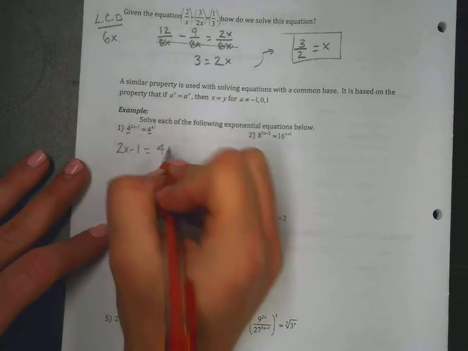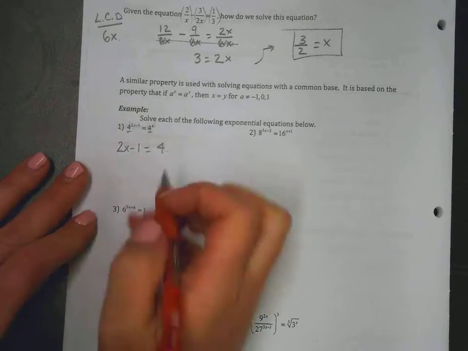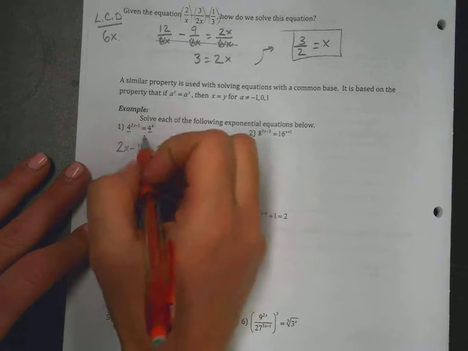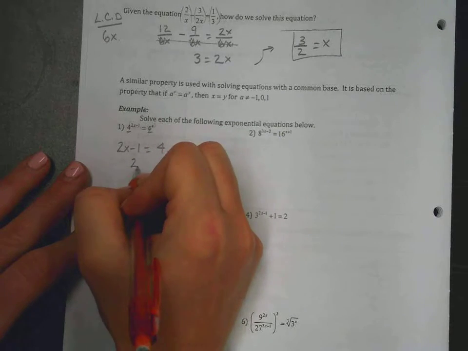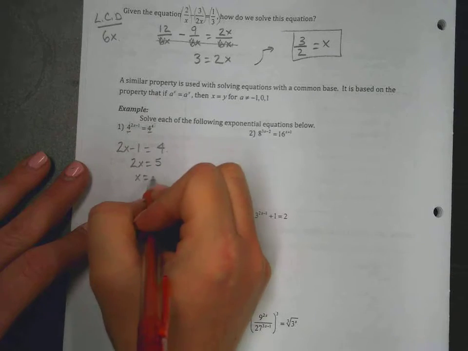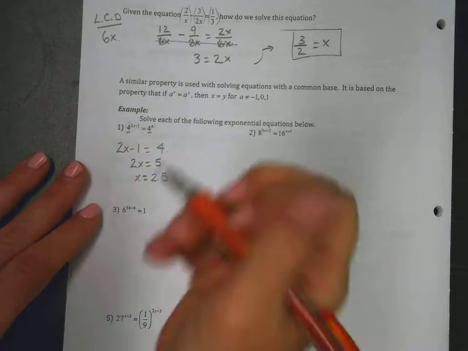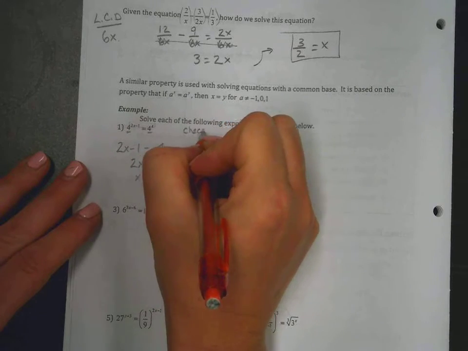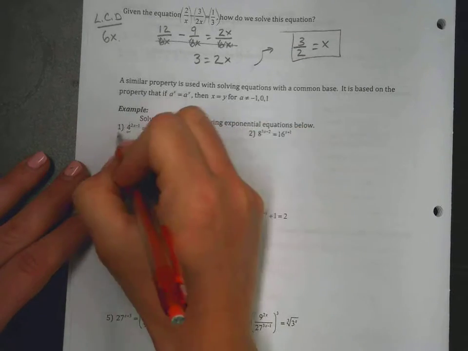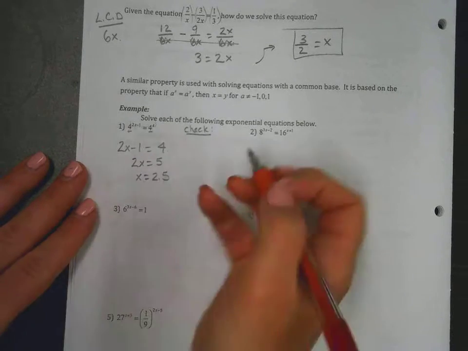So I'm going to completely ignore my bases and solve the equation 2x minus 1 is equal to 4. If I solve this, I get 5, x divided by 5 is 2.5, or 5 over 2. Let's do a quick check to show you that by ignoring those bases, the solution works out.